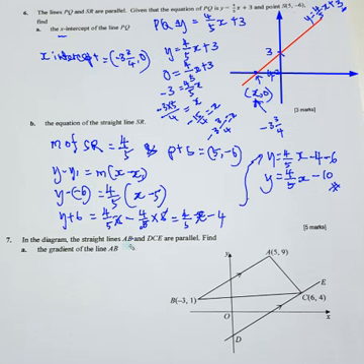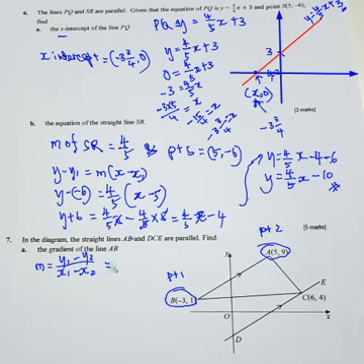Now AB is parallel with DCE. Find the gradient of line AB. Again, same thing. The M is actually y1 minus y2 over x1 minus x2. Why do we use this? Because there are two given points for the line AB. So let's say this is point 1, this is point 2.